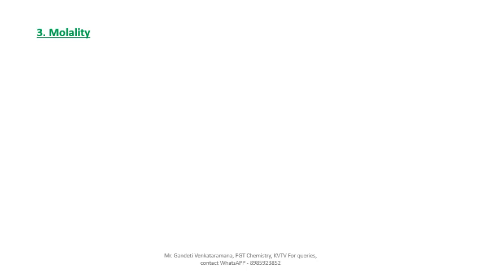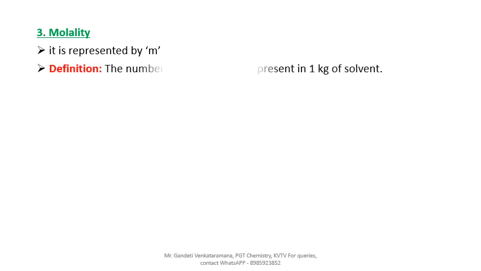So what is molality? We will see. It is represented by small m. Molarity is represented by capital M. It has been discussed already. Clear? But molality is represented by small m. Molarity, capital M. Okay. Definition.